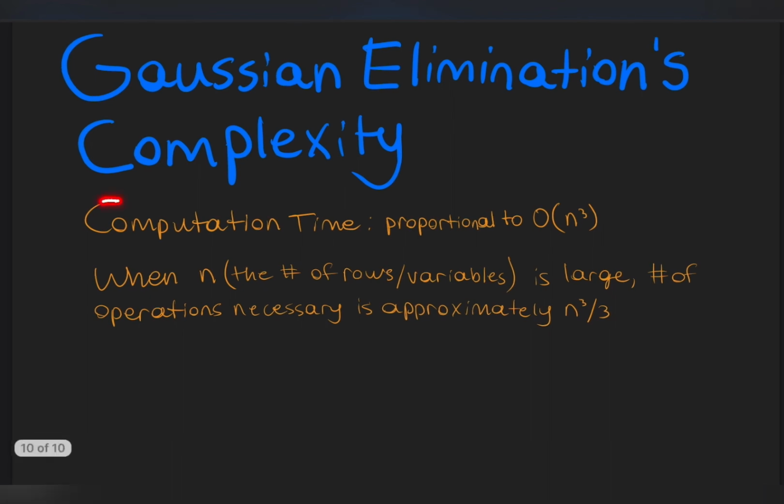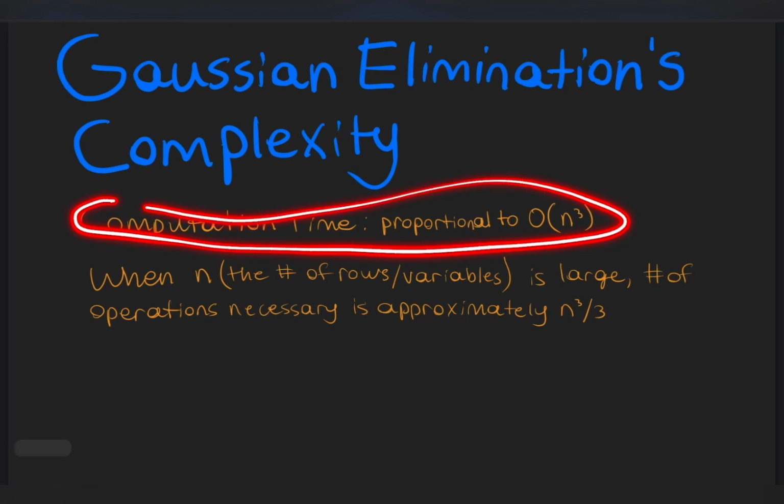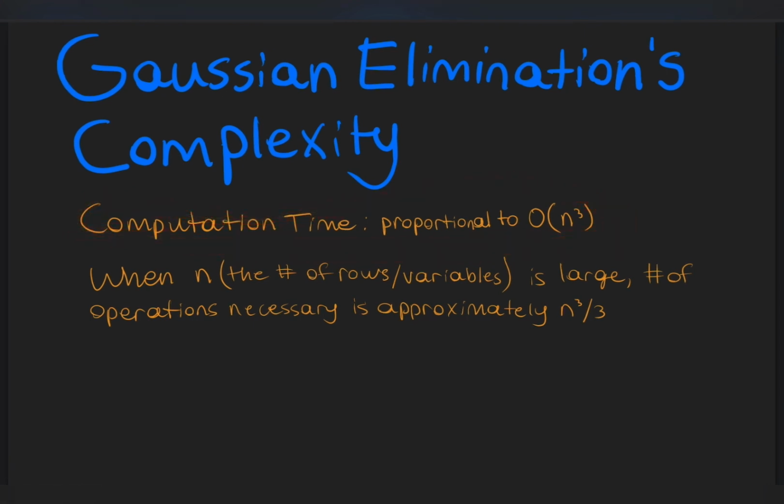So, what is the computation time of Gaussian elimination? Well, assuming that n is the number of rows or variables in your system of equations, we are going to call the computation time of Gaussian elimination big O of n cubed. Big O is a statistical measurement of the computational time of an algorithm.